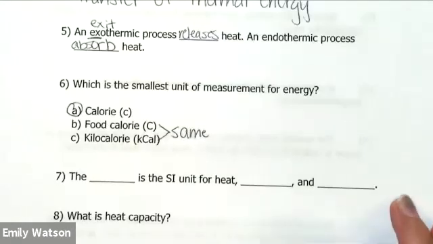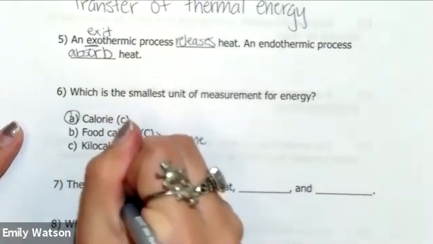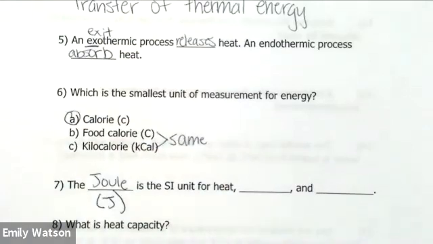The blank is the SI unit for heat. What's the SI unit for heat? Yes, it's a joule, and this is represented with an uppercase J. So it measures heat, but it can also be used to describe two other things. What are they?